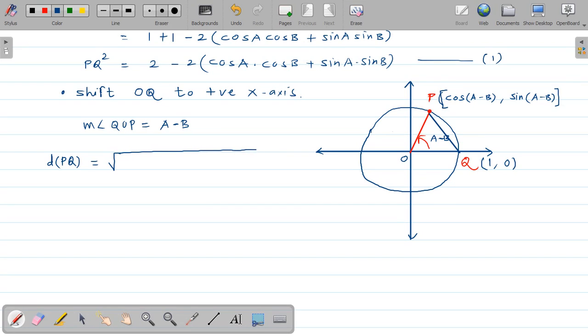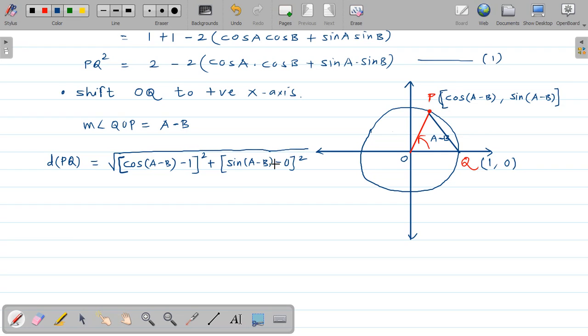So what will be the distance PQ here? See, under root, again the difference between x coordinates, so here it is (cos(A minus B) minus 1) whole square, plus (sin(A minus B) minus 0) whole square.